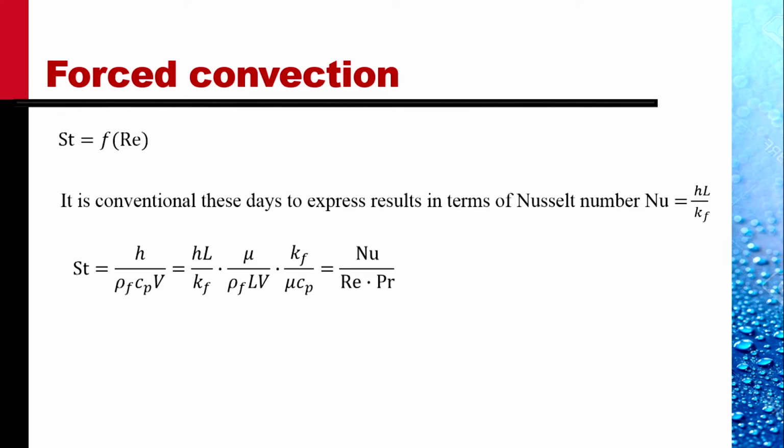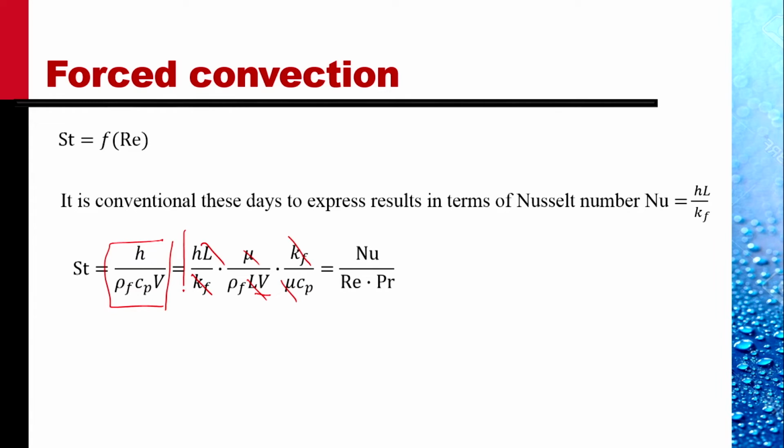You can verify these cancels, L cancels. So this is H by rho F Cp and V, same thing as this.